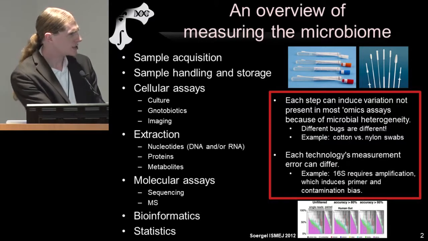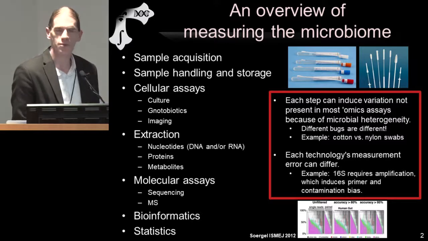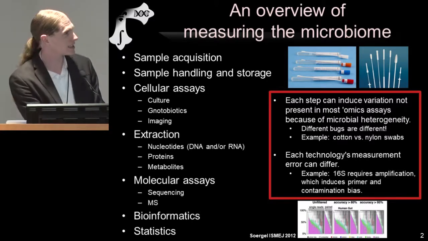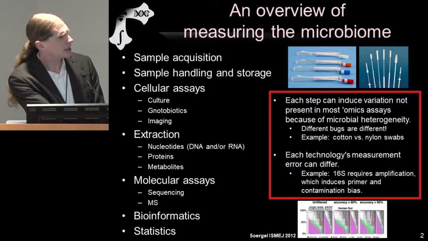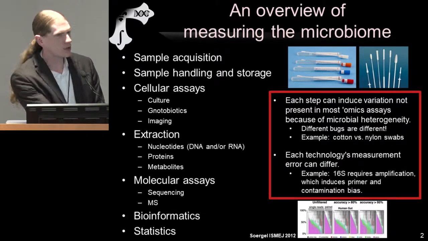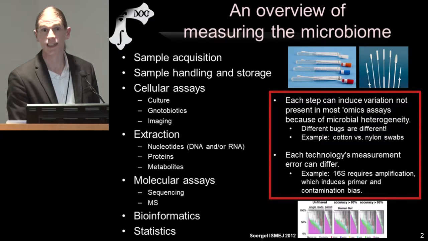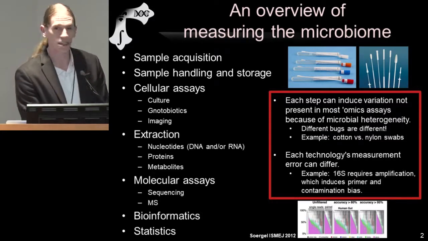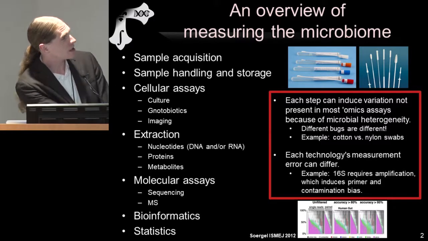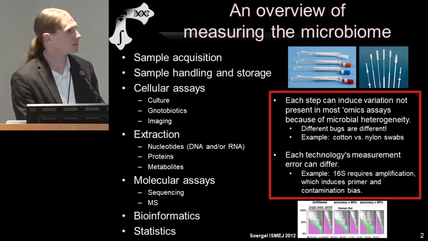And then, of course, each technology that you use for these different assays can have its own sort of biases or tendencies in generating measurements. An easy one that I think is most pervasive in the field is the sort of different technical effects of amplicon sequencing, 16S sequencing, versus shotgun sequencing. So an easy example, they're both affected by differences in how one extracts DNA from a microbial community.